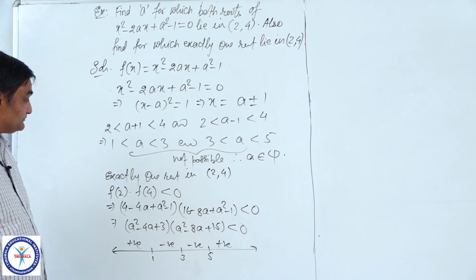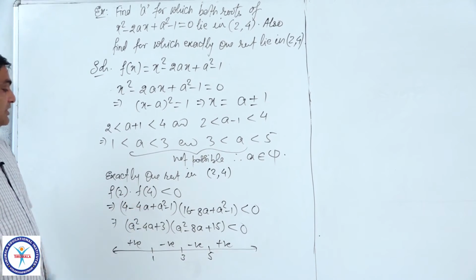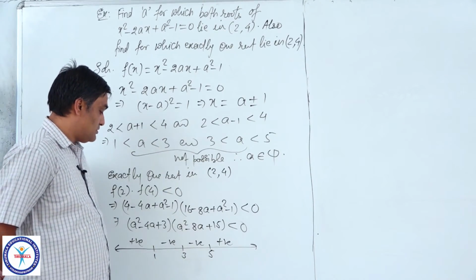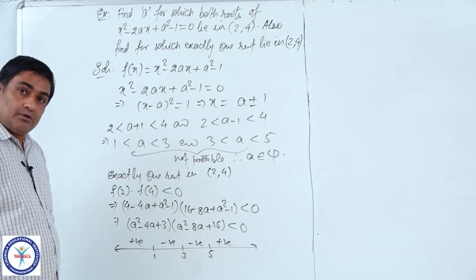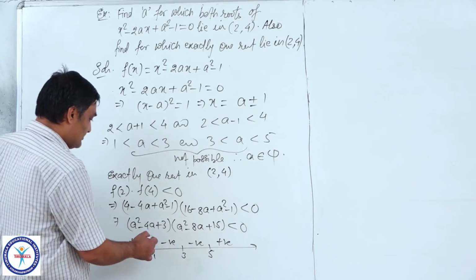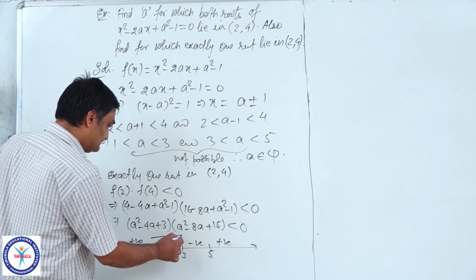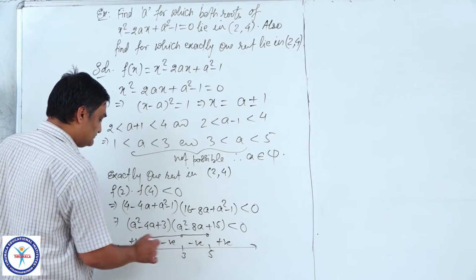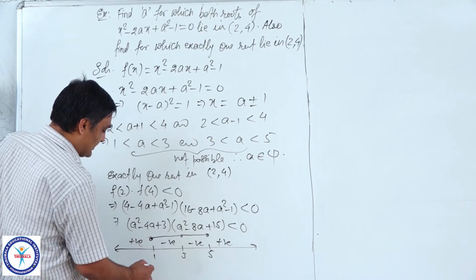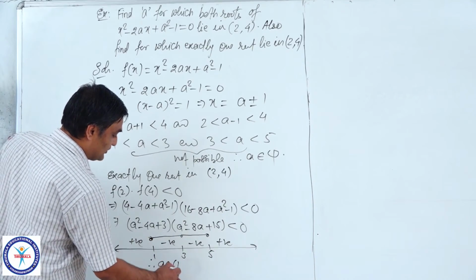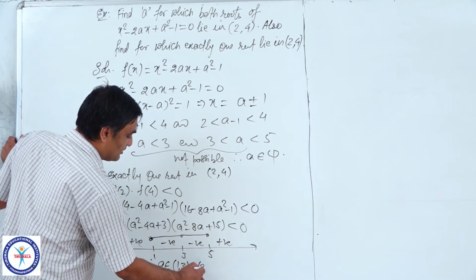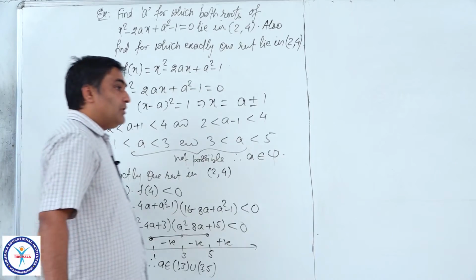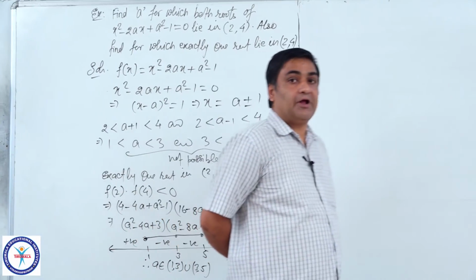Okay. Clearly we have this sign scheme, less than 0 is here. So we can say that a belongs to 1, 3 union 3, 5. Okay.